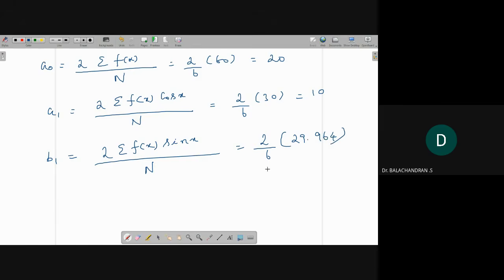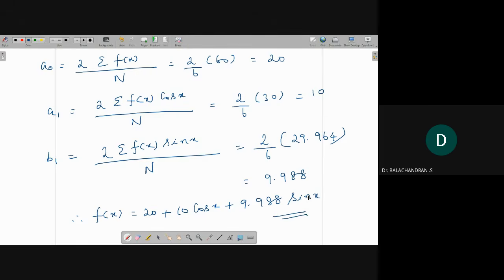If you simplify, you will get 9.98. So therefore, f of x is equal to a naught is 20 plus a1 is 10 cos x. B1 is what? 9.988 into sin x. This is the final answer.